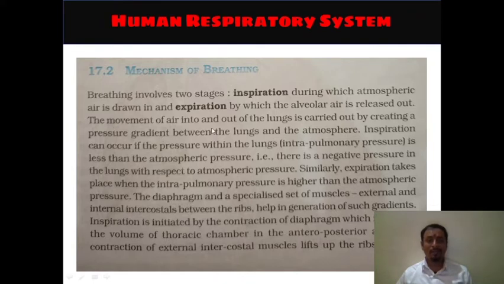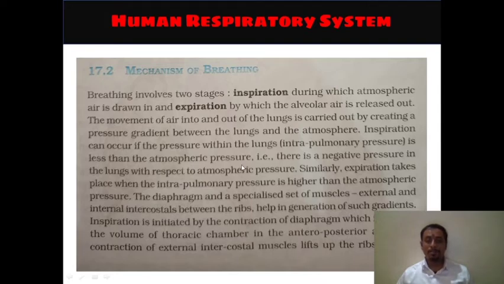The movement of air into and out of the lungs is carried out by creating a pressure gradient between the lungs and the atmosphere. Inspiration can occur if the pressure within the lungs, that is the intrapulmonary pressure, is less than the atmospheric pressure.